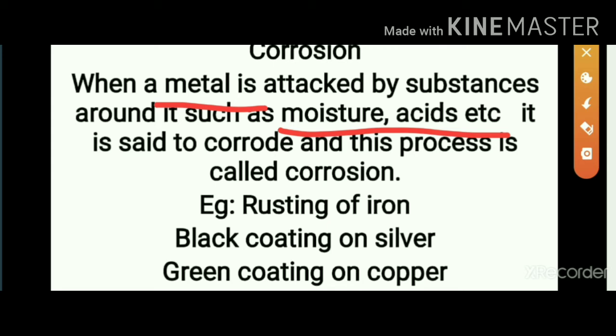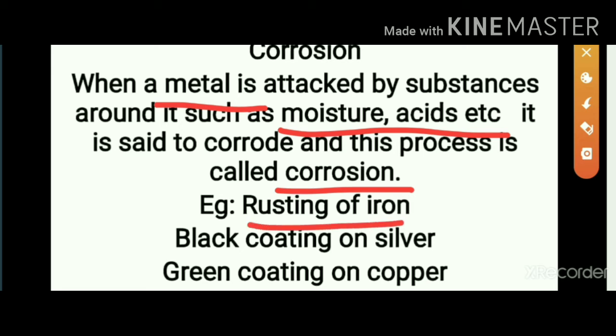When a metal is placed outside, this metal reacts with atmospheric oxygen, water vapor, acid, etc. Then it corrodes. This process is called corrosion.